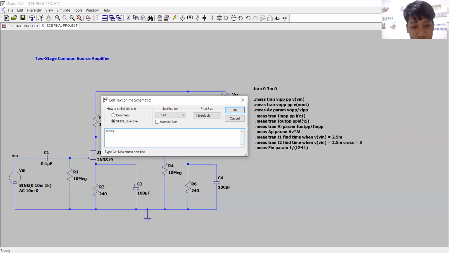Measure run T10, find time when V out is equal to 250 M.